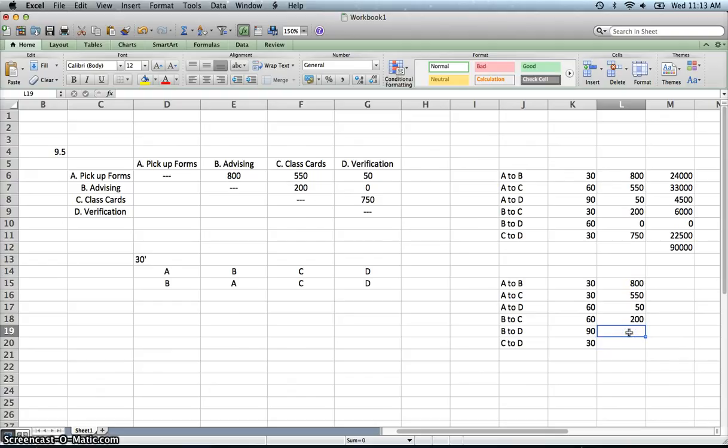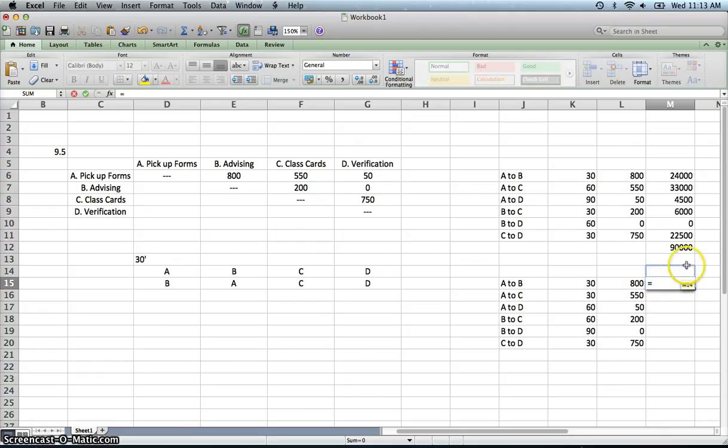B to D is still zero. So even though that went to 90, it doesn't hurt us a whole lot because there was zero interaction. So B can be a long ways away from D. And C to D, we maintained that relationship. We kept C and D right next to each other because that was 750. So we're hoping that we'll gain something here.